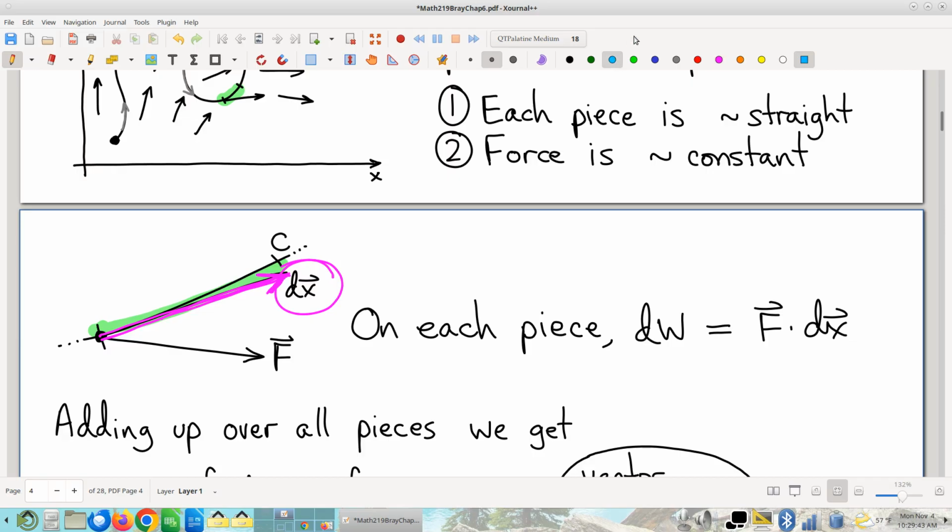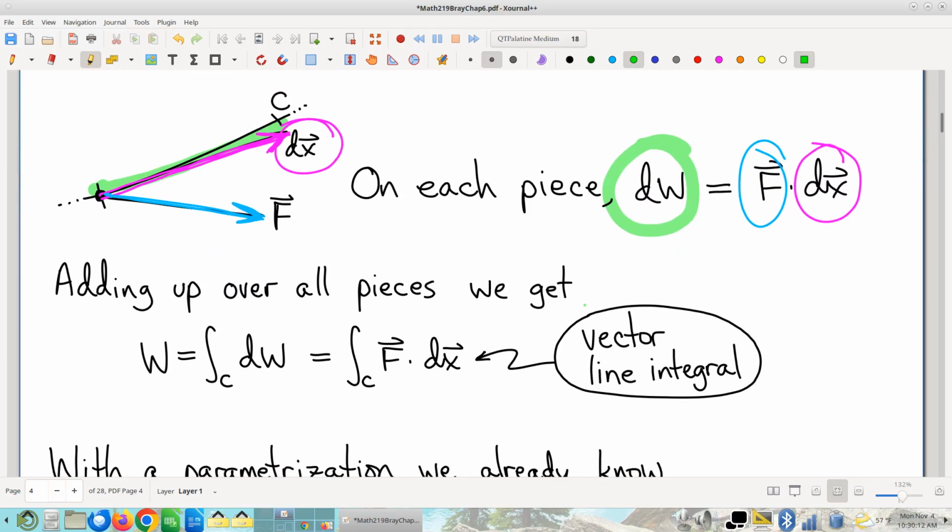And then there is the force that we are exerting over that little piece of curve, and that's an approximately constant force over an approximately straight line, and force dot displacement tells me how much work it takes to move along that little piece of curve. And then you add them up.